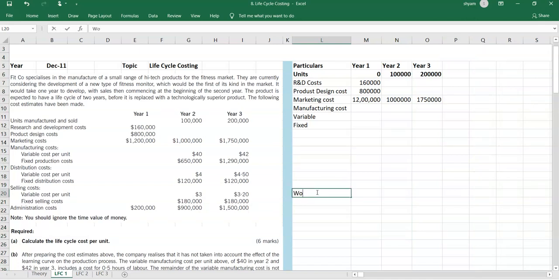Okay, we'll do some workings below. So variable cost of production is 40, and that has to be multiplied with the units. So that would be 40 into 1 lakh.